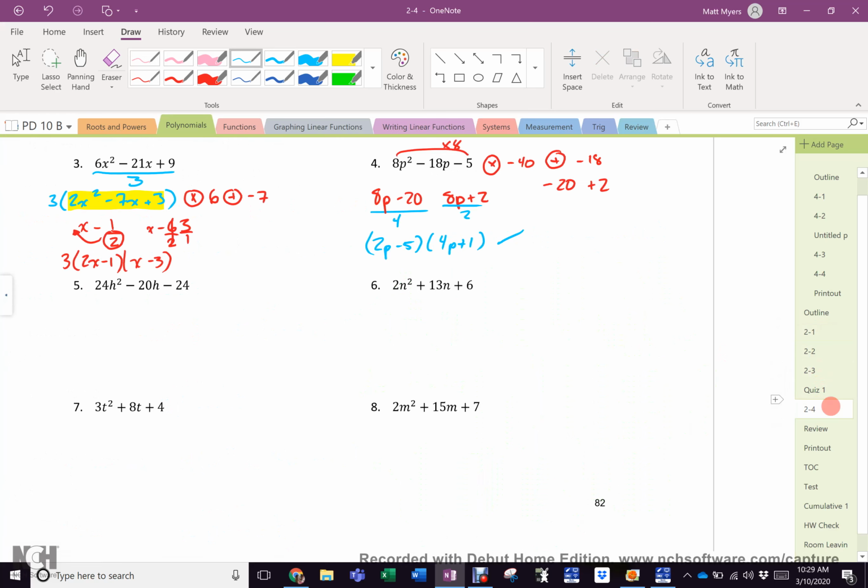So what's the GCF? Now, this is a natural GCF situation. So do we get to forget about 4? No. 4. 6h squared minus 5h minus 6. Yeah?